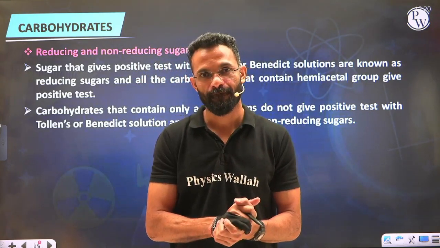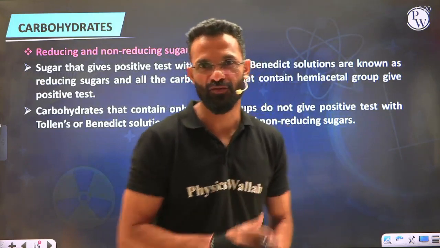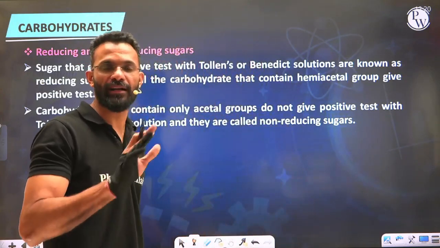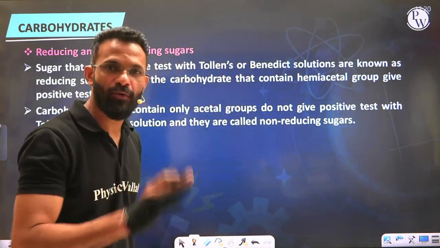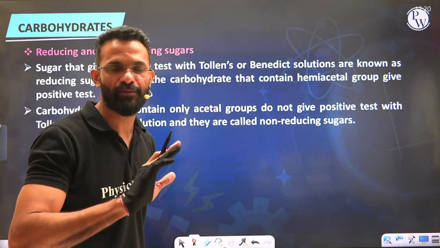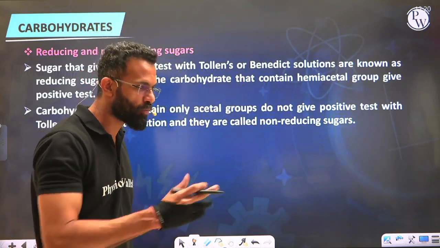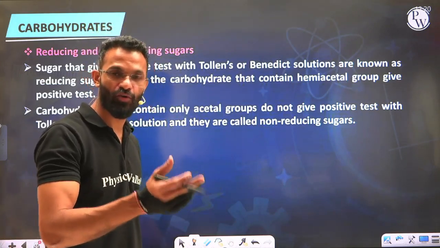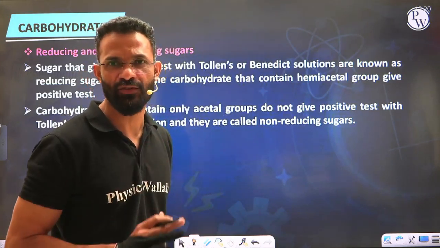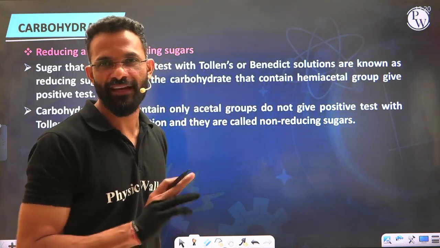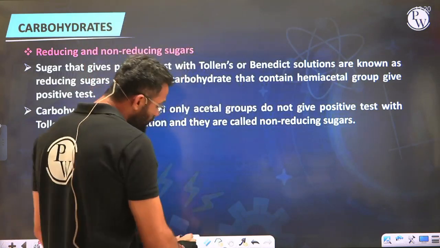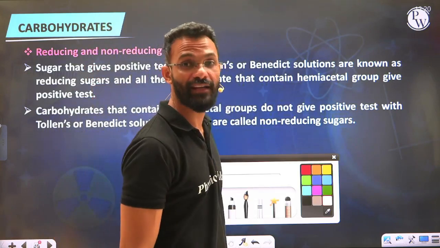Let's clear this confusion first. First of all, we'll talk about aldehydes only. If your compound contains a free aldehyde, absolutely there is no problem. It will act like a reducing sugar. Meaning if open chain glucose or open chain galactose is given, it is going to reduce the Tollens, Fehling and Benedict solution.